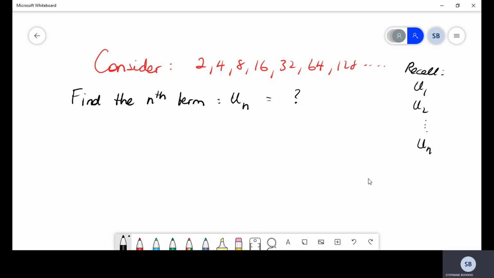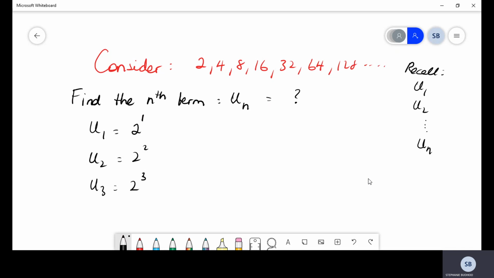Now, you can look at this and observe that all of these numbers are written in powers of 2. For example, the first term, U1, is written as 2 to the power of 1. U2, which is the second term, is written as 2 squared. U3 is written as 2 to the power of 3, and so on, right? So you'll notice that a pattern is building.